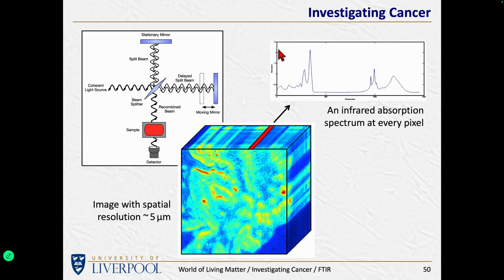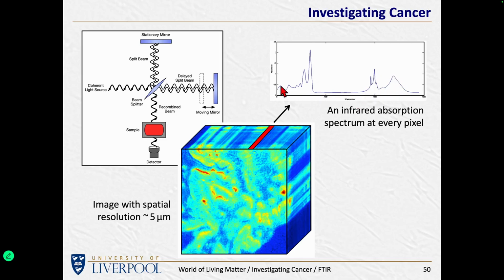In other words, it's the absorption of infrared light at lots and lots of different wavelengths, or wave numbers as we call them. Think of this either as the energy of the infrared light or the wavelength of the infrared light. It doesn't really matter. There is a particular pattern produced by essentially every molecule, and in this case there's a tissue which produces these characteristic peaks.